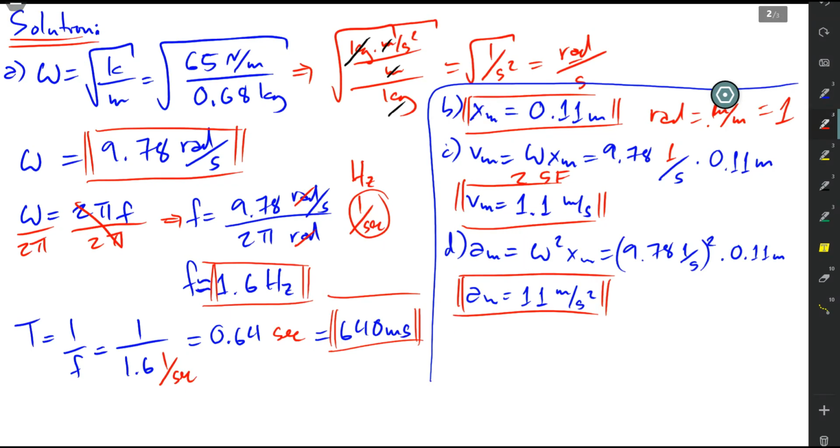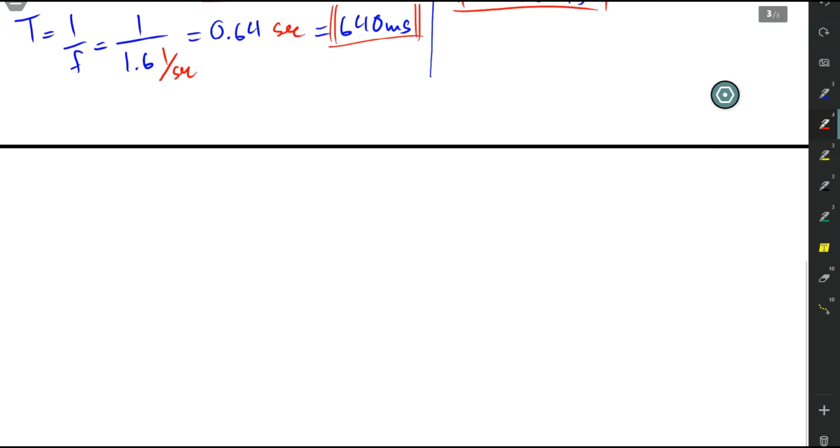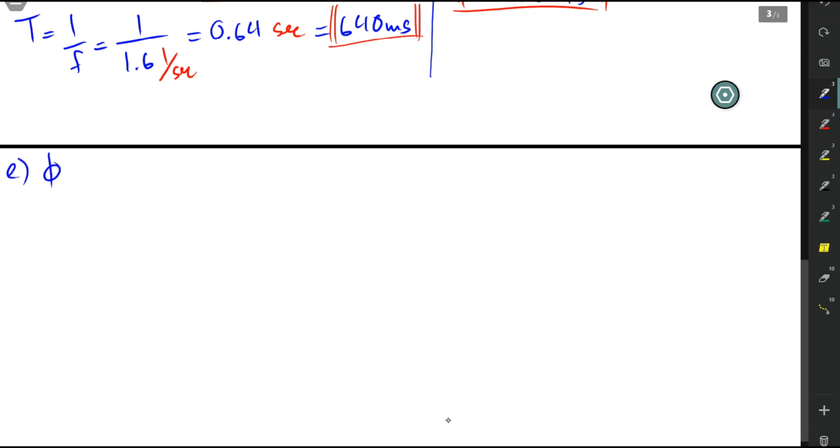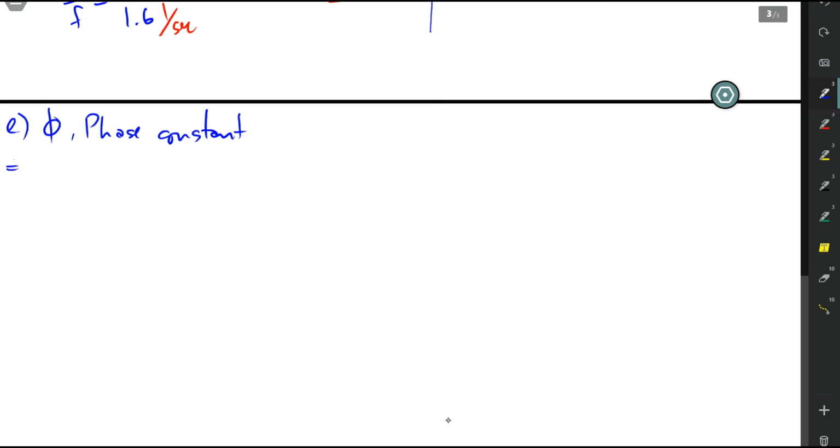Okay, so we're going to continue this problem. I'm going to solve parts E and F here on the bottom page. Now just to remind you, we're looking for the phase constant. So how do we solve for the phase constant? We're going to borrow once again from calculus something called initial conditions.